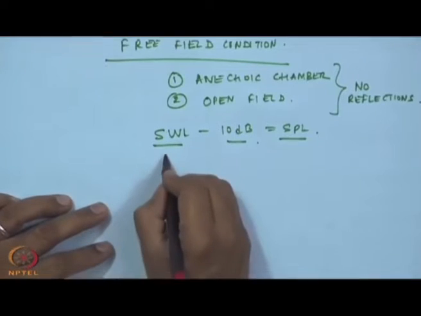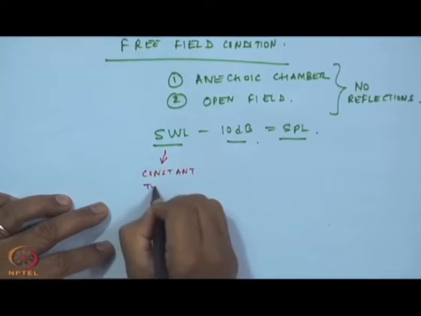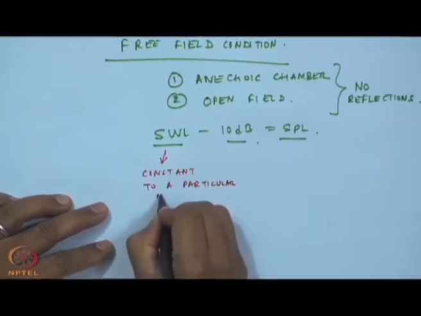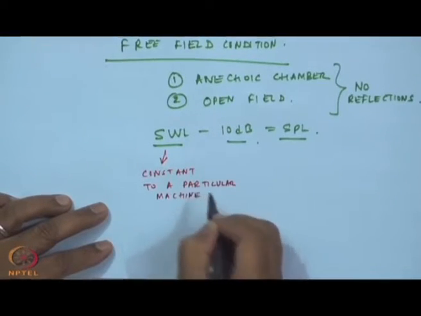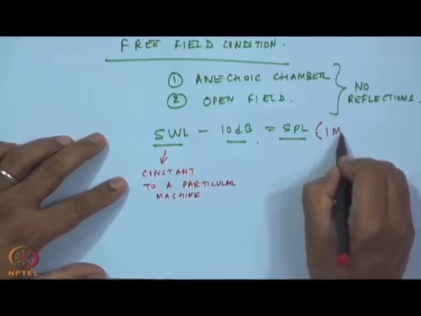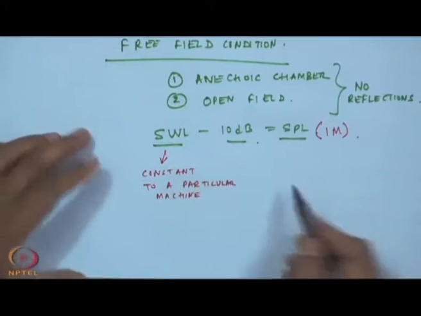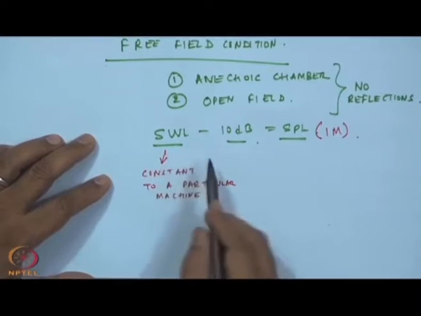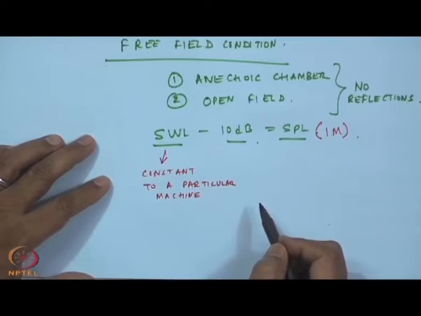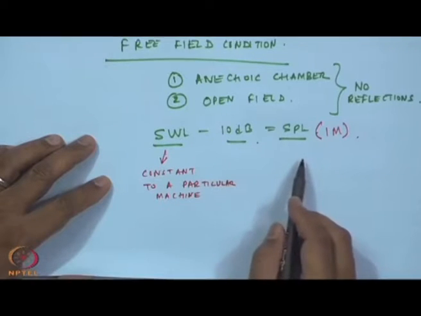So, SPL is something constant to a particular machine. It is the inherent noise quality of the machine which is fixed. So, at 1 meter away from the source, the sound pressure level will be whatever the value you have in SWL in decibels, subtracted by 10 dB. Of course, we have to keep in mind the SWL dB and SPL dB have different references.